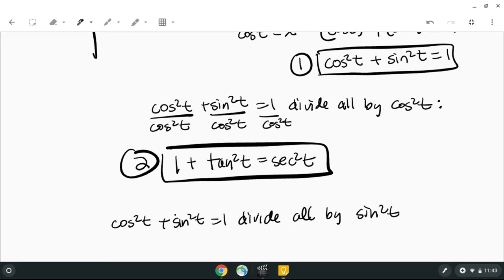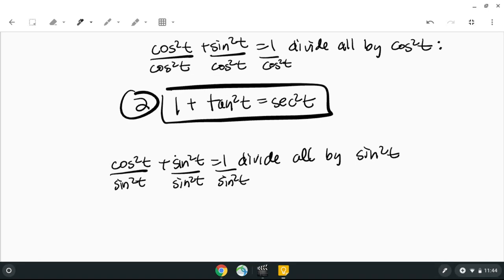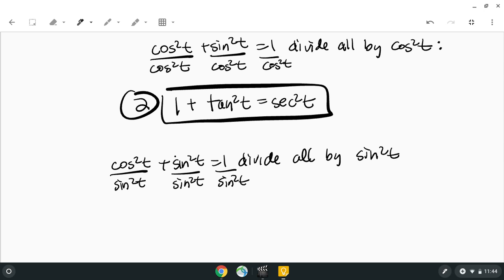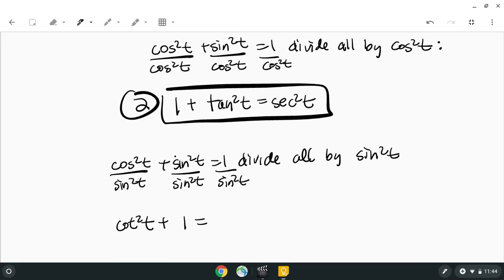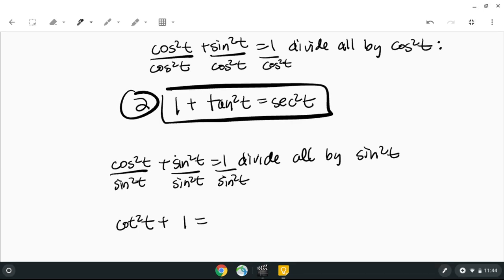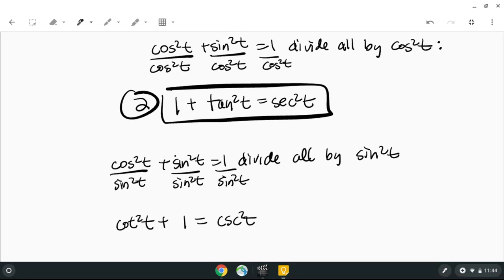So if I divide everything by sine squared, and sine squared, okay, then cosine over sine is cotangent. Sine over sine is 1. And the reciprocal of sine is cosecant. So there's your third Pythagorean identity.